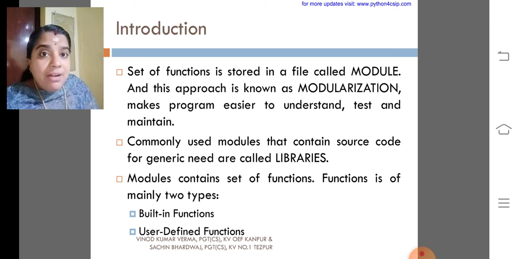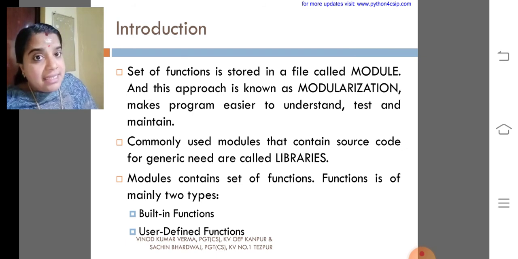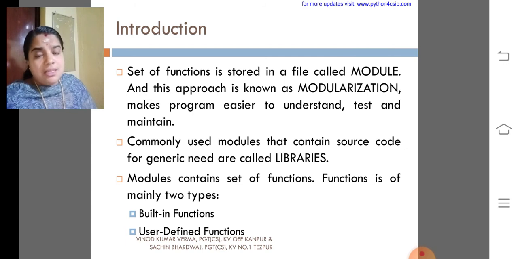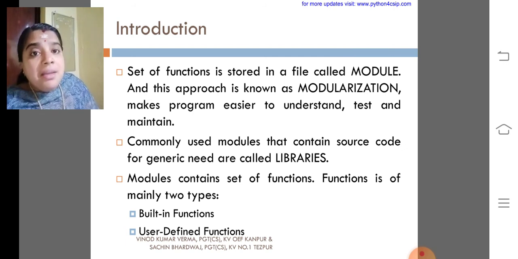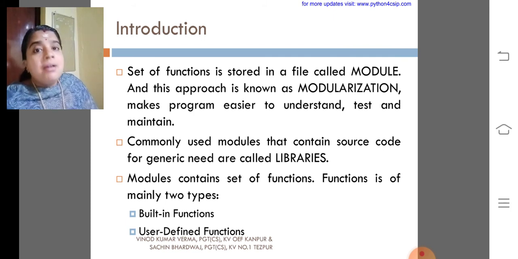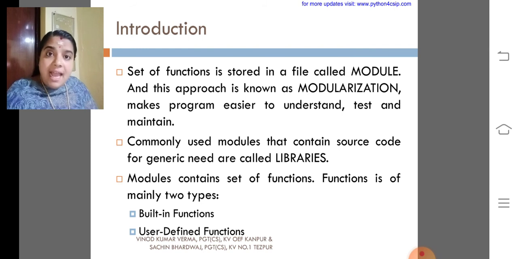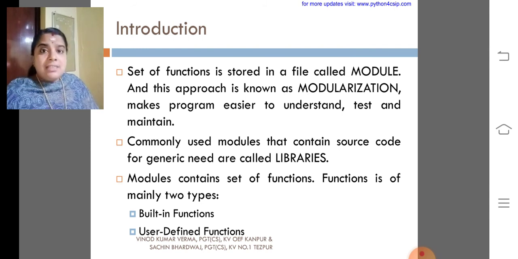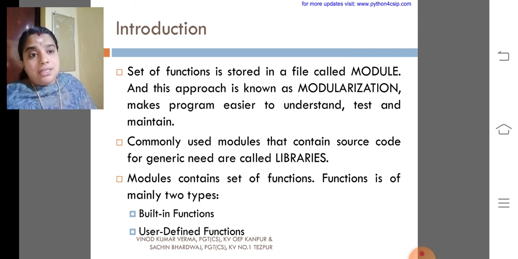Had you heard about libraries? Yes, it is in your +1 portion, like random, statistics, date. Like that we have many sub-functions or sub-modules that are collectively called libraries, that we studied in the features of Python. Python has standard libraries. Modules contain a set of functions.